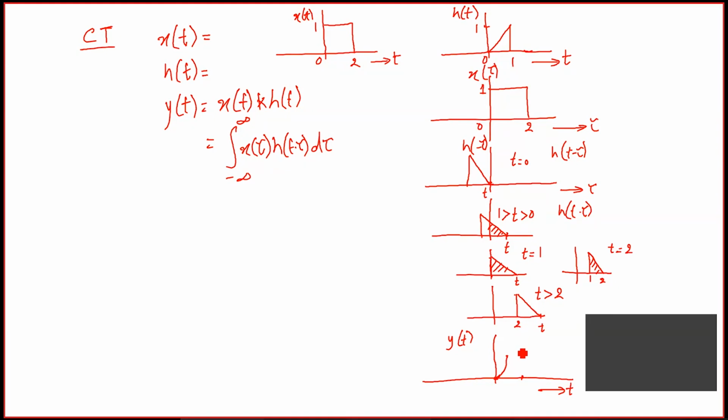The maximum you will have at 1 remains constant till 2, and then once it starts going beyond 2, it will again fall, and it will finish once t is equal to 3. Something like this. The shape that you will get will be something like this.